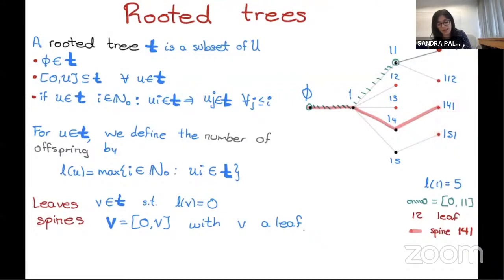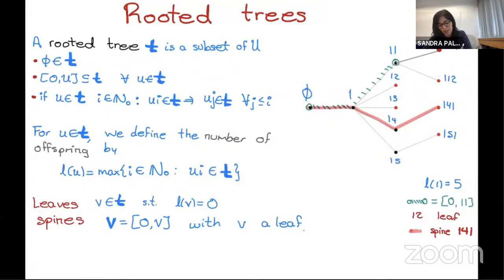So here, if I select individual 1 1 1, this is its genealogical line: empty set, 1, 1 1, 1 1 1. And in the rest of my talk, all the individuals that have at least 1 child I will put in black, and all my leaves will be put in color red.